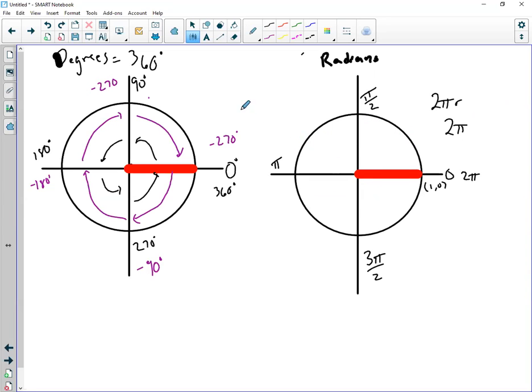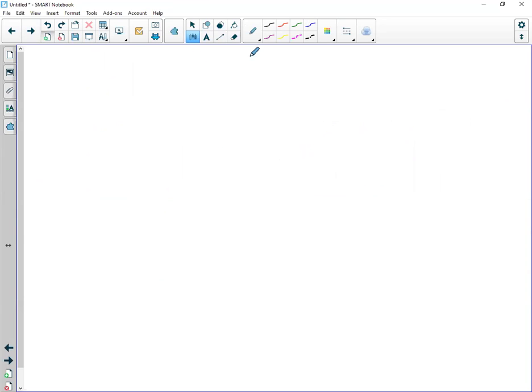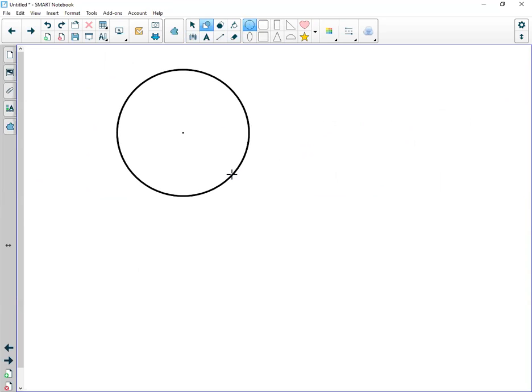So if I'm asking you to sketch, let me draw a circle here for a second. If I'm asking you to sketch something like, where is 3 pi over 5? This number on the bottom tells you how many pieces on top.